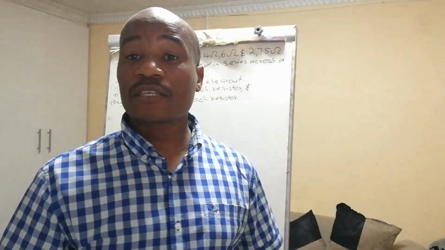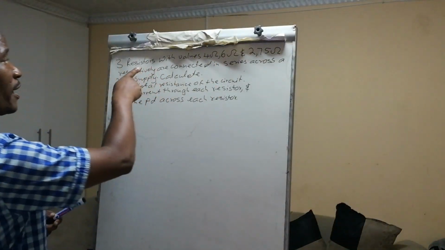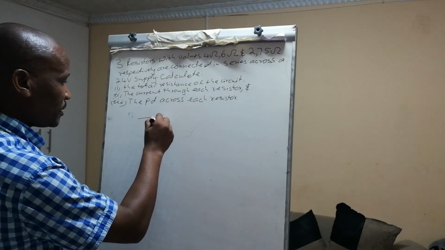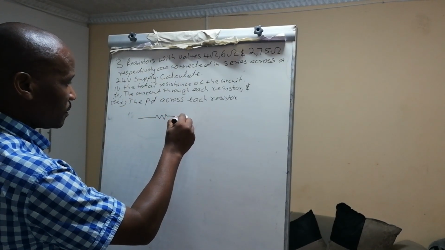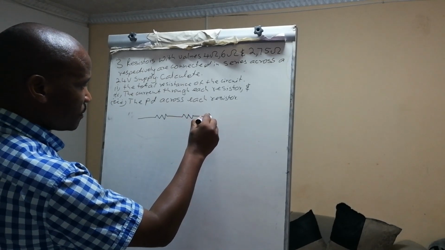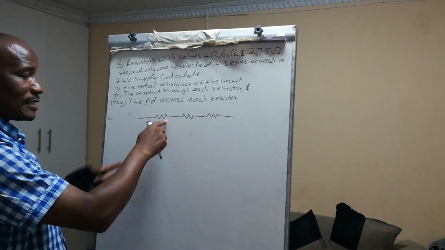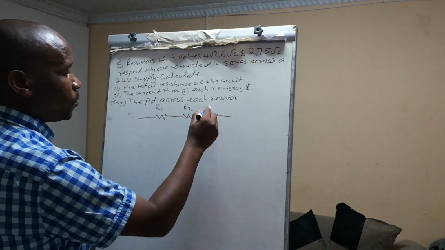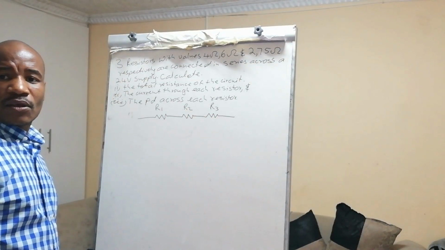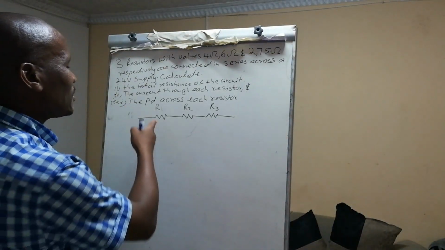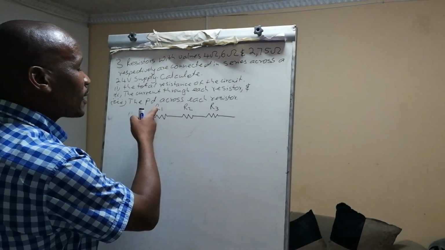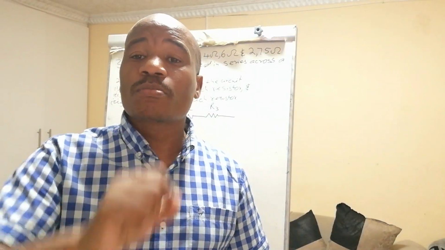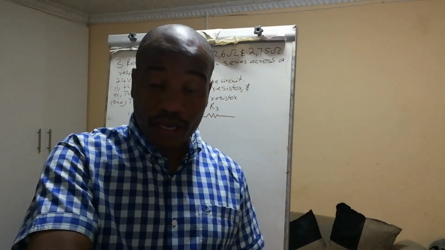We're going to demonstrate with an example. They say 3 resistors in series. It's something like this: say this is R1, R2, R3. You can even go as far as saying RA, RB, RC, as long as the person marking understands what you are referring to.